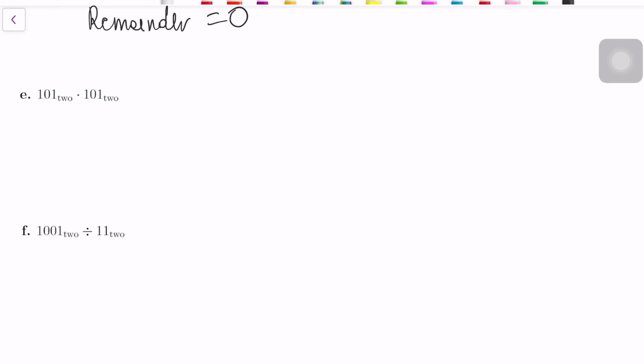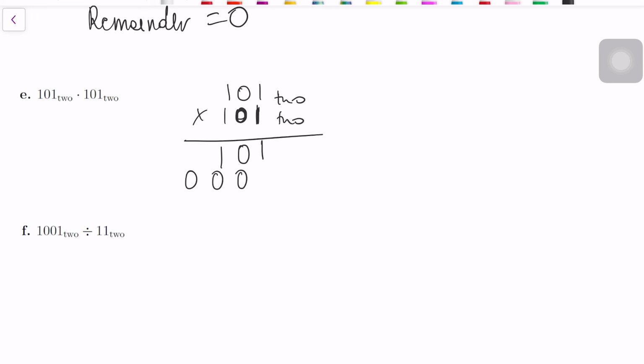Let's do this multiplication. Oh, that should be easy because multiplying basically by ones shouldn't be a problem. So first 1 times 1 is 1, 1 times 0, and 1 times 1. So I'm multiplying by this one. Then I'm going to multiply by 0, so I need to move one place over, and everything multiplied by 0 would create 3 zeros.